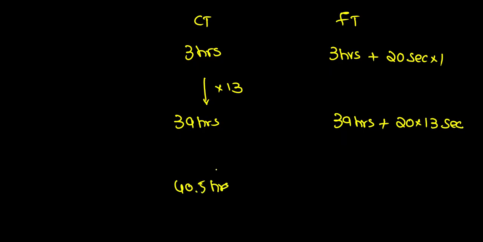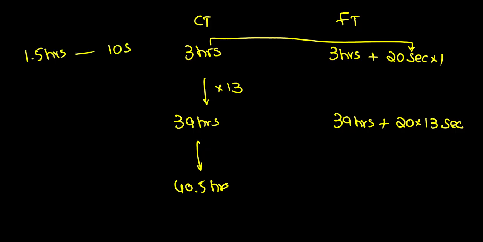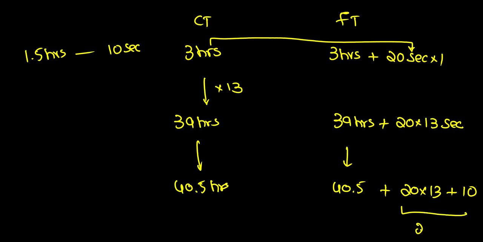See the difficulty. For 3 hours, how much extra? For 1.5 hours, 10 seconds extra. If it is 40.5, this will be 40.5 plus 20 into 13 plus 10. Means totally 270 seconds are extra. 270 seconds means 4 minutes 30 seconds.